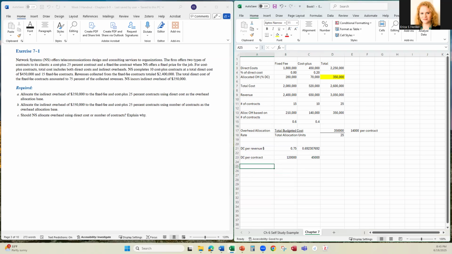Yeah, because the total cost, we can't really do it by total cost because this total cost number we have up here includes the overhead. So I would actually argue that the percentage of direct costs method might actually be the more accurate method because it... actually, hold on, let's see what percentage of revenue is it here.